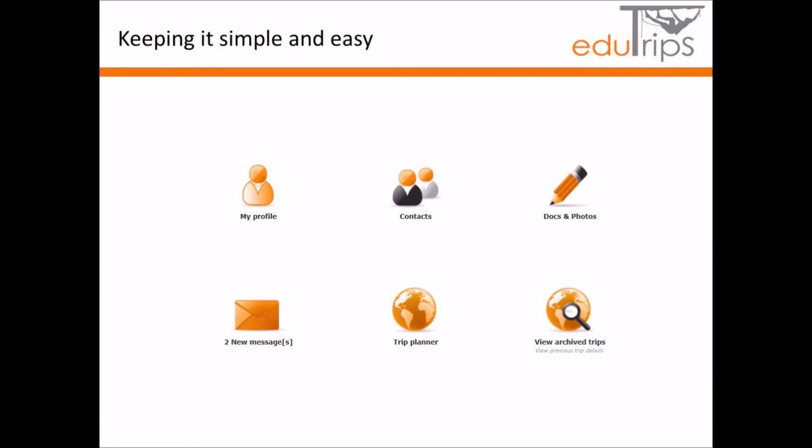The key to saving time is to keep the process as simple as possible. And I'm just going to show you a few examples on how you can save hours, if not days, of time when planning your trips. First of all, my profile.